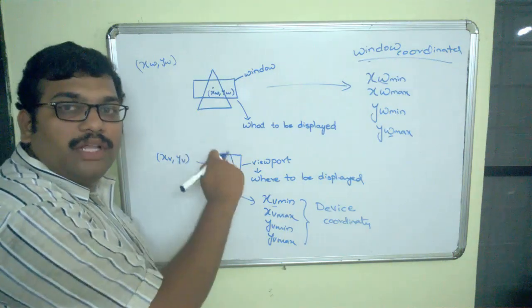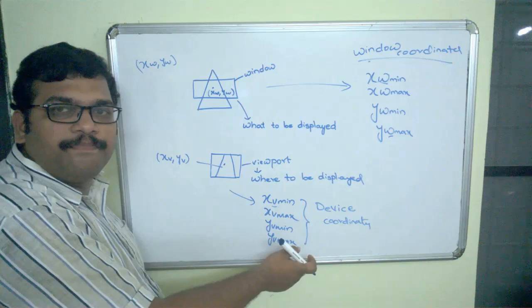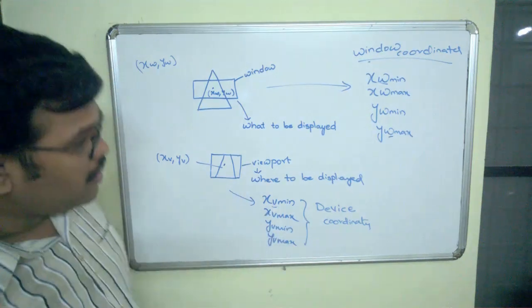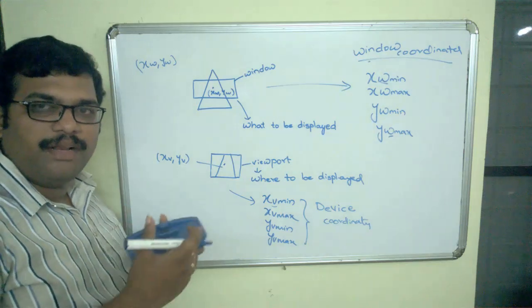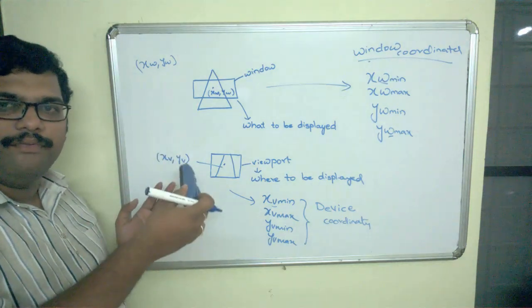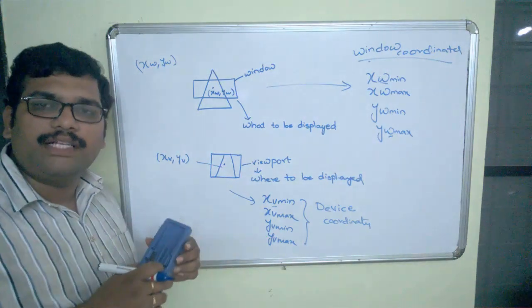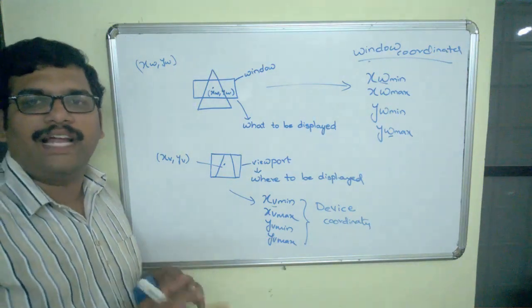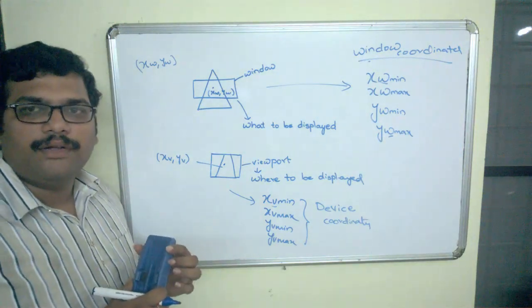Obviously both are different because each has its own boundaries. Now in this session we will have a simple example for finding the viewport coordinate from the window coordinate. This concept we call window to viewport transformation.